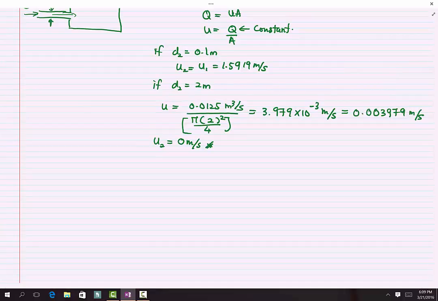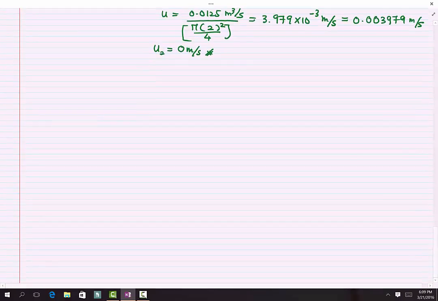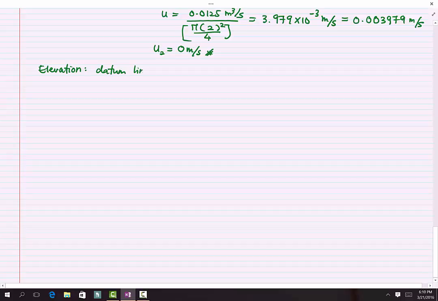Okay, next we move to the elevation. To determine the elevation, you must determine the datum line. The datum line might be Z1 at point 1, or Z2 at point 2.